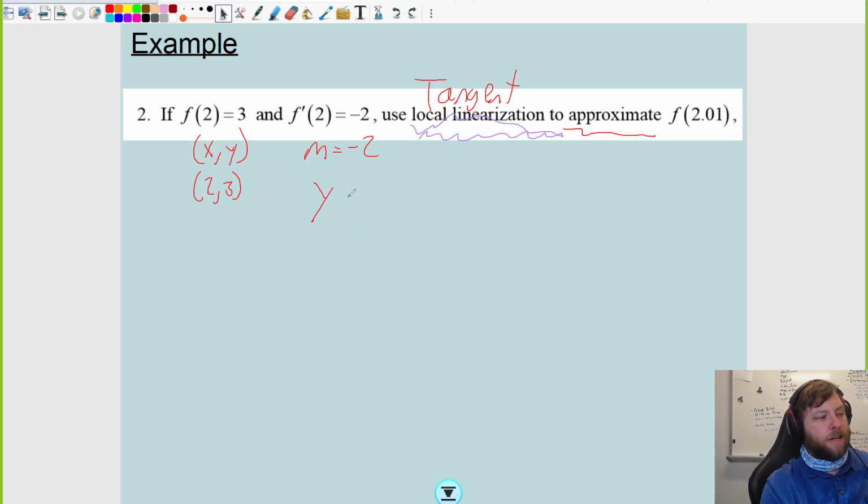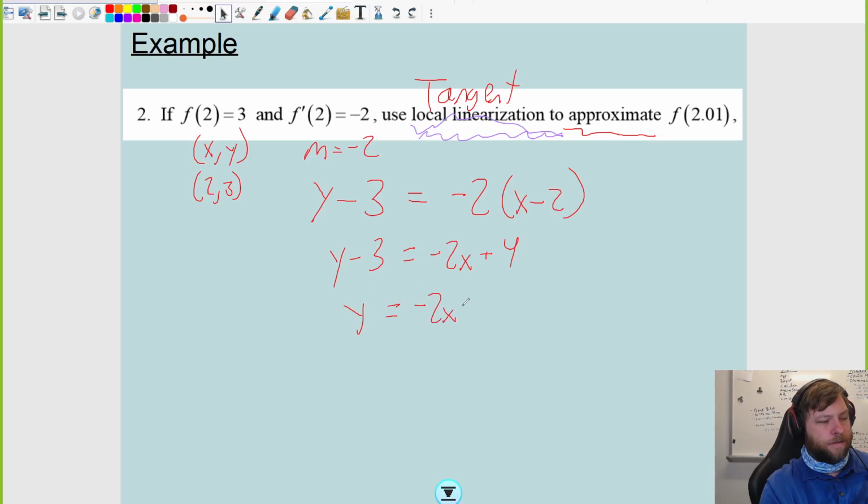I can create my tangent line as y minus 3 equals negative 2 times (x minus 2), which is y minus 3 equals negative 2x plus 4. Add 3 to both sides. I get that tangent line.